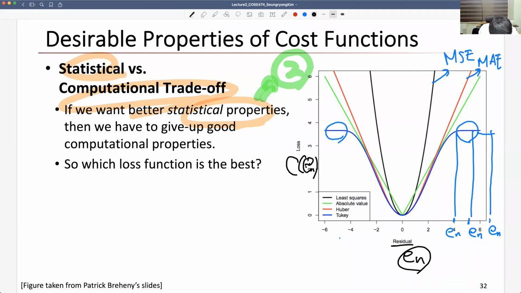So actually, these are better cost functions than the previous ones, MSE or MAE, because the cost curve looks like this, right? However, it requires more computation time to compute the cost function than the MSE or the MAE. So that's why we frequently use the simple one. But from the statistical view, this robust cost function is better.